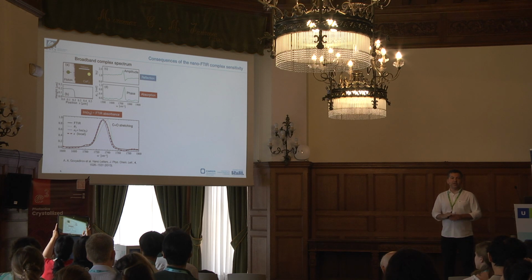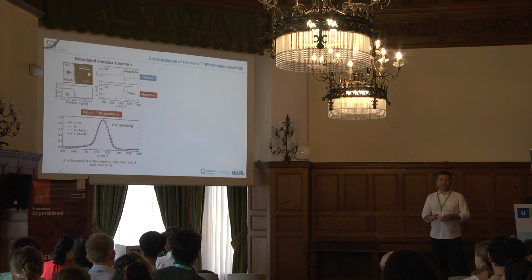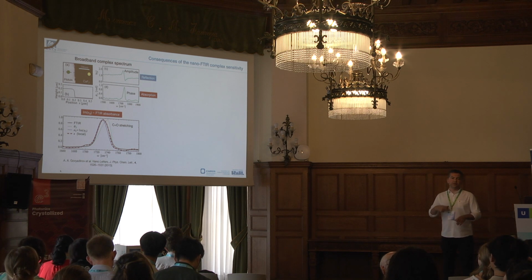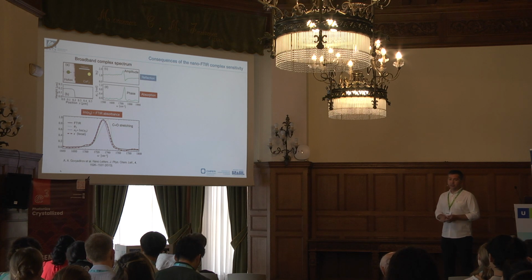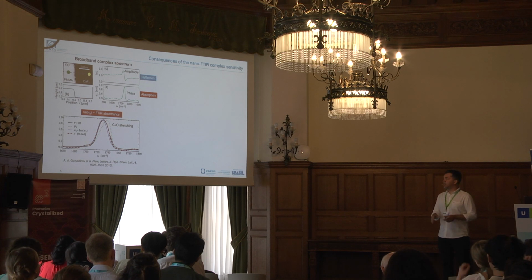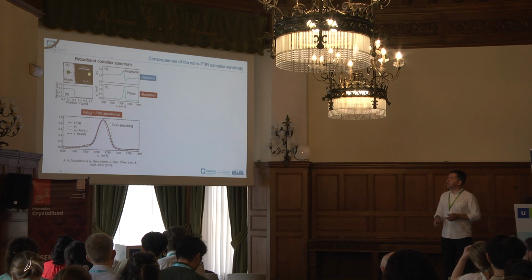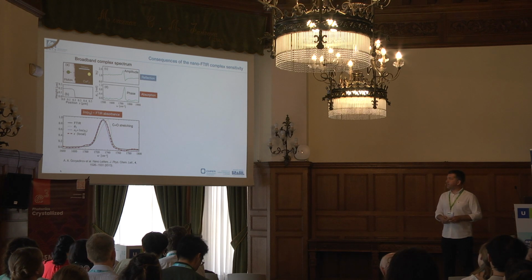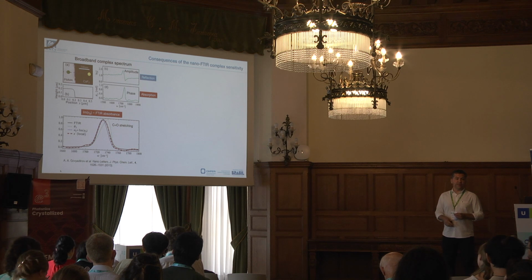I know there are some discussions about whether to use phase or the imaginary part, but if you take the imaginary part, in most cases for these organic samples, weak scatterers, you can have a good correspondence between the nano-FTIR absorbance and the classical FTIR absorbance.